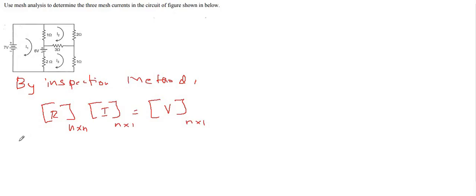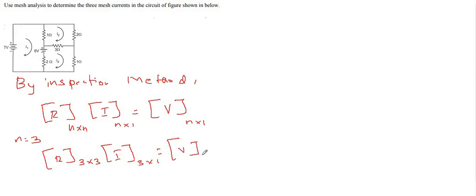So we have three loops here, therefore n is equal to 3. So the size of the R matrix is 3 cross 3, the I matrix is 3 cross 1, and the V matrix is 3 cross 1. So first we will determine the values for the R matrix.